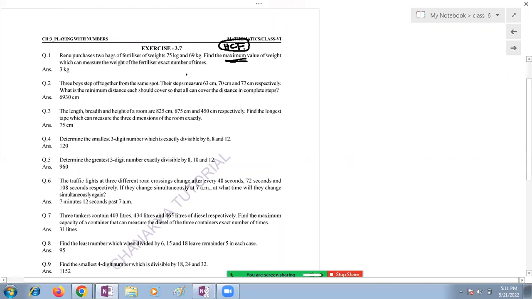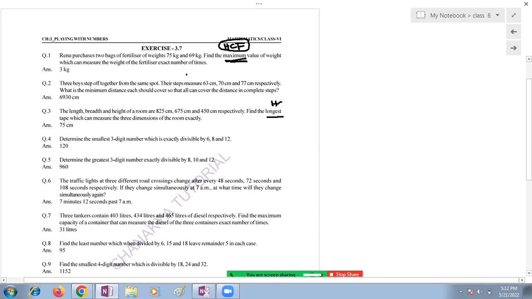If it is minimum, ma'am, then we should find LCM, and maximum means HCF. Not only the words minimum and maximum, children, sometimes we can even see the largest tape or, in this question, the longest tape. Longest tape is nothing but maximum.